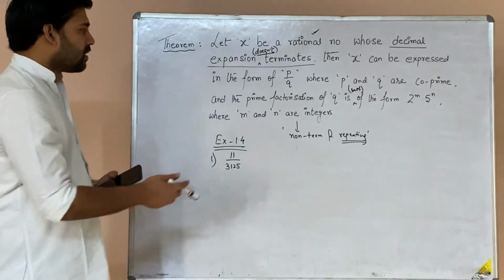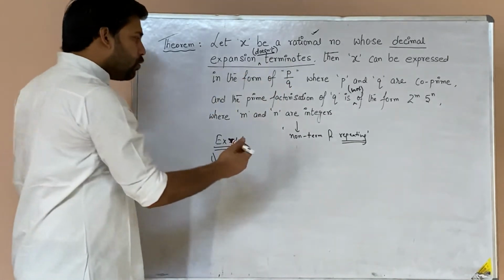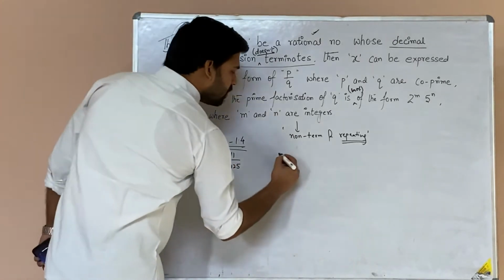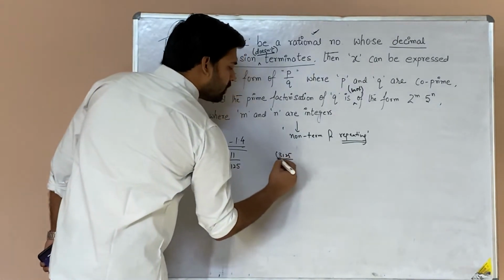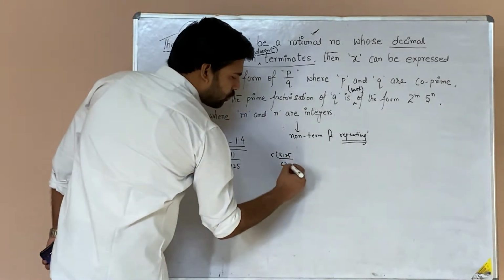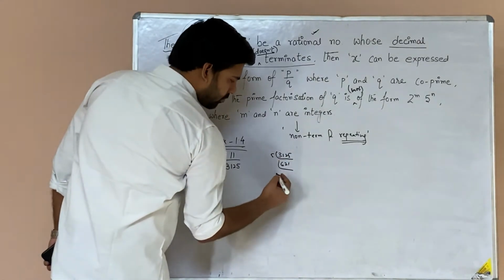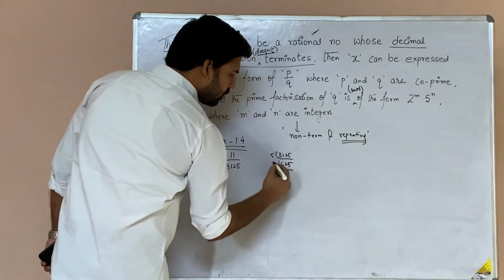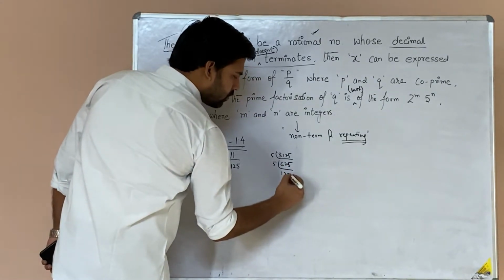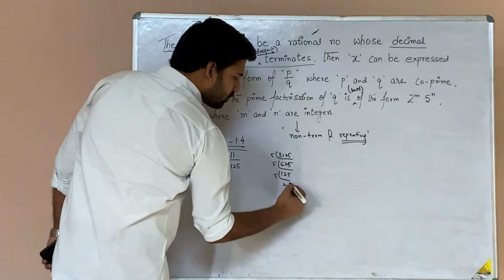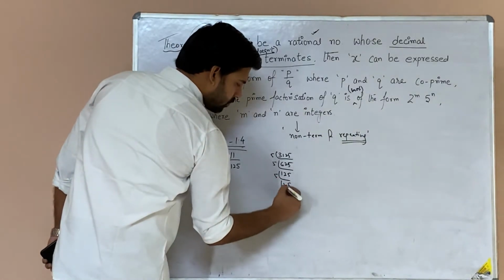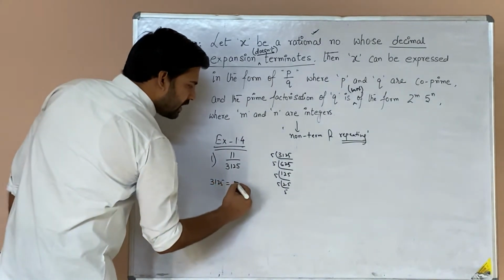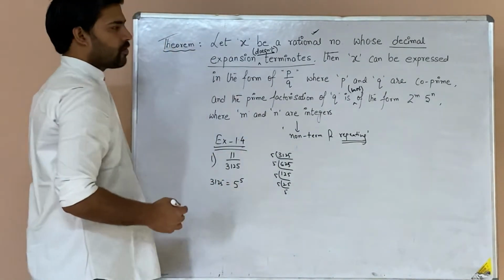So now, if they are co-prime, then do the prime factorization of 3125. So 3125 can be written as 5 to the power 5.